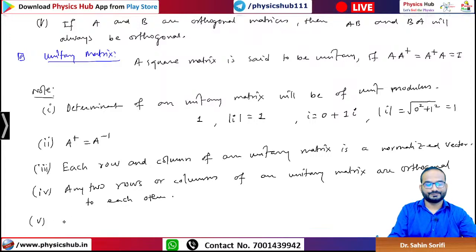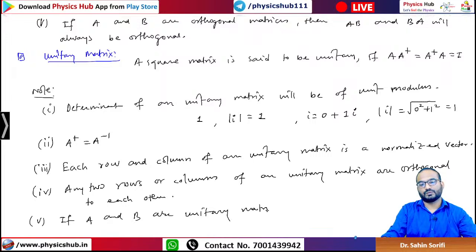Number 5, if A and B are unitary matrices, although the properties are very similar, then AB and BA will be unitary.